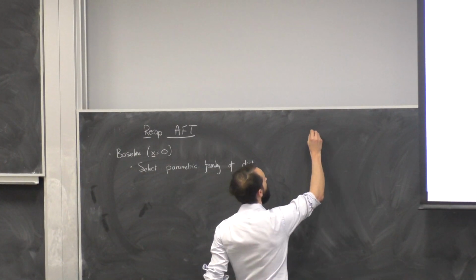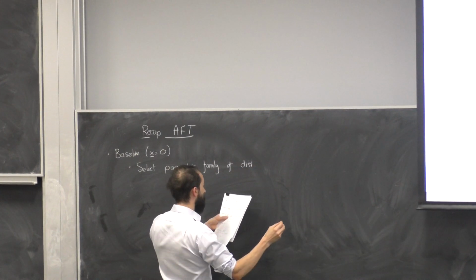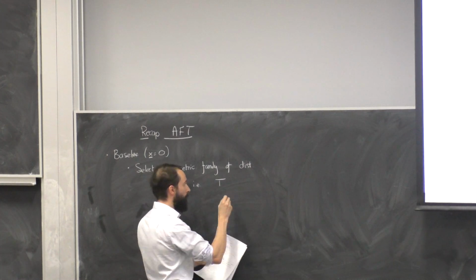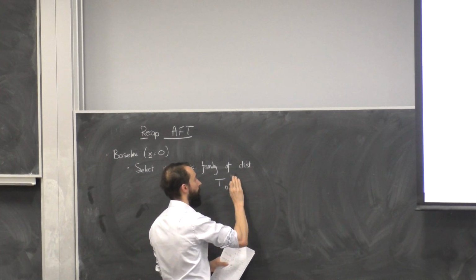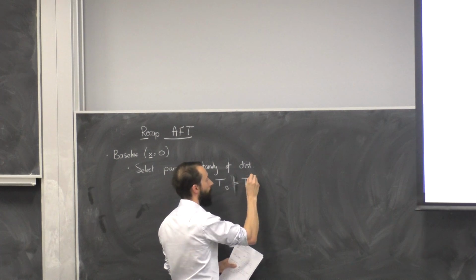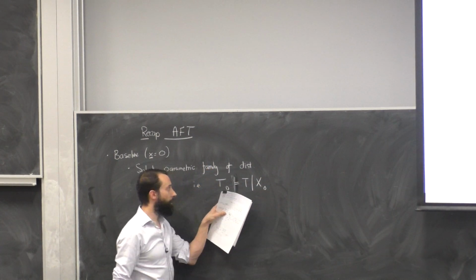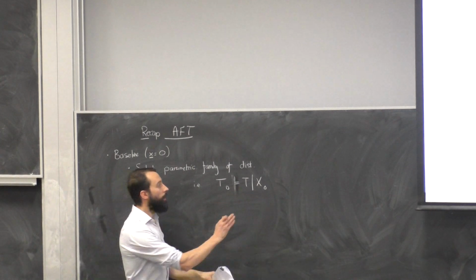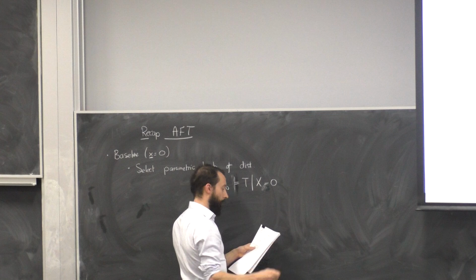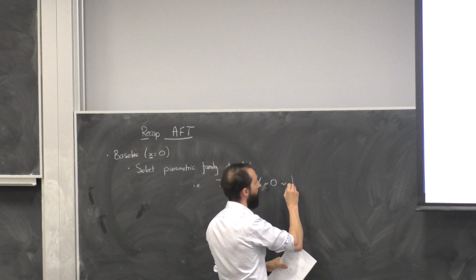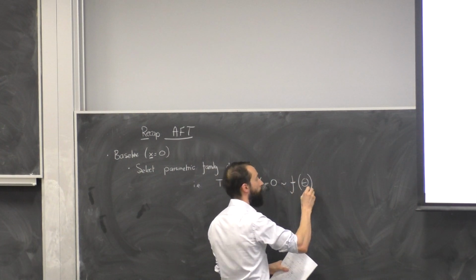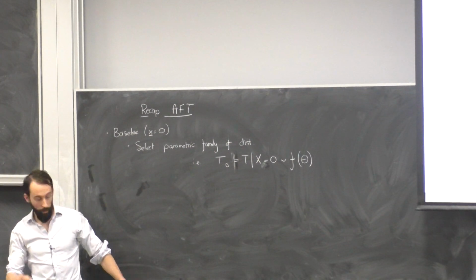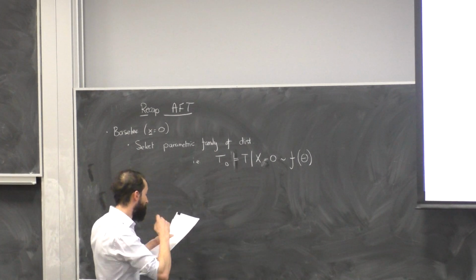So I'm going to say that T0 is the failure time of that individual. So I'm going to call that T given x is equal to 0. And I'm going to specify that by some distribution that has a parameter theta in.